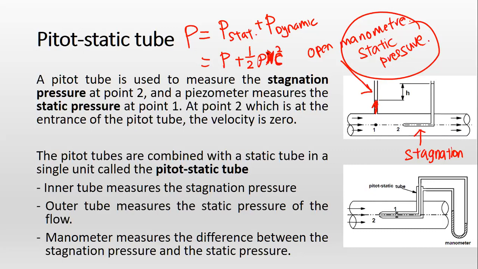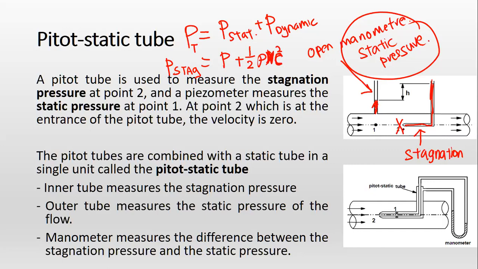So P plus half rho c square is actually your total pressure, or we can call it the stagnation pressure, P stagnation.